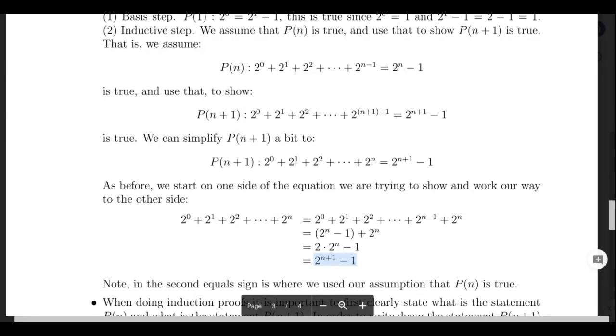And that's the whole proof. Proof for the base case, n equals 1. Then we assume it's true for the n case. Then we prove it's also true for the n plus 1 case. Anybody has any question?